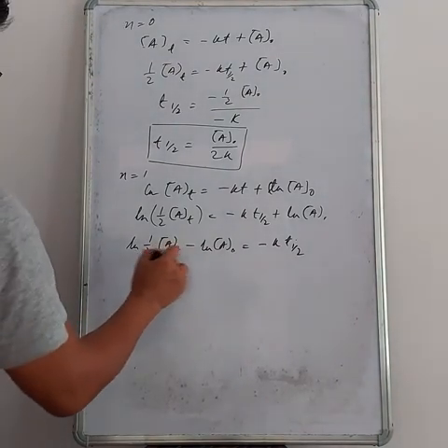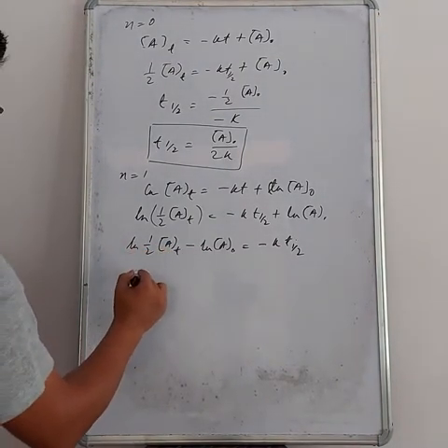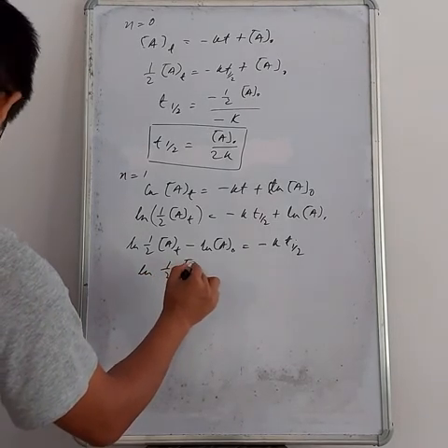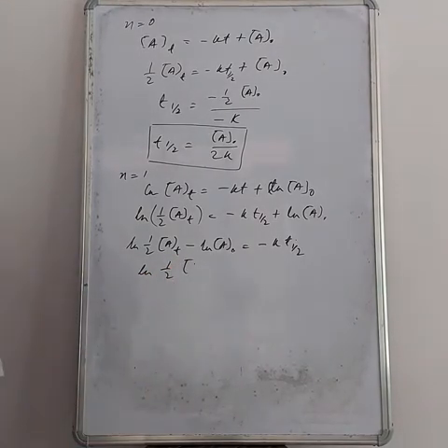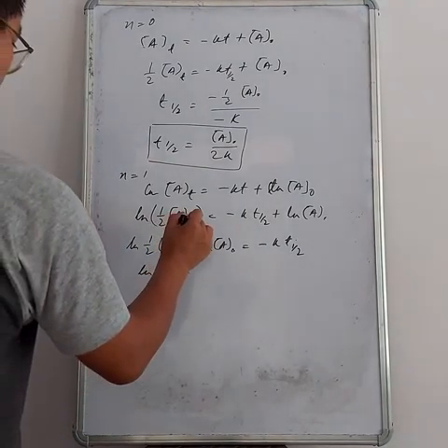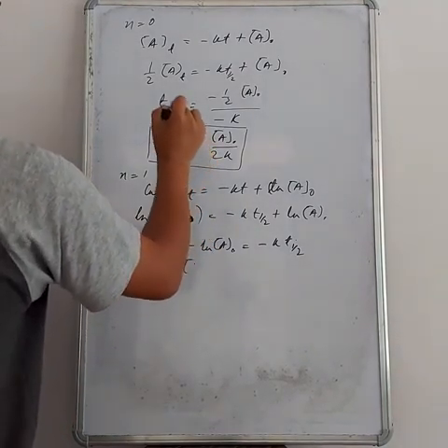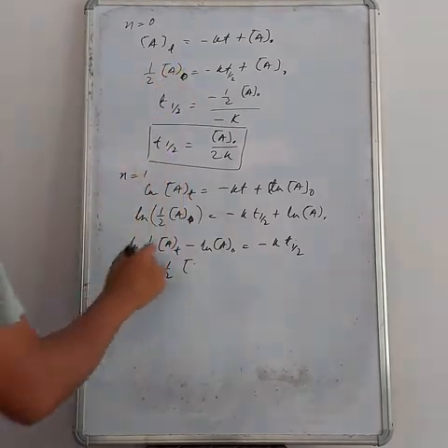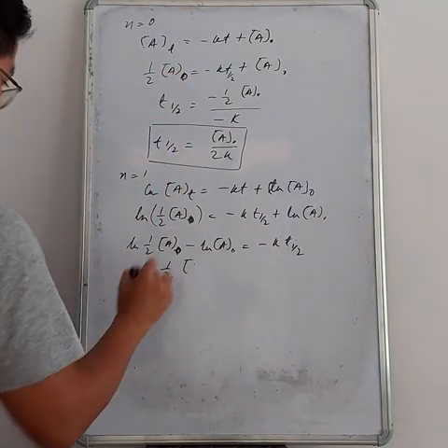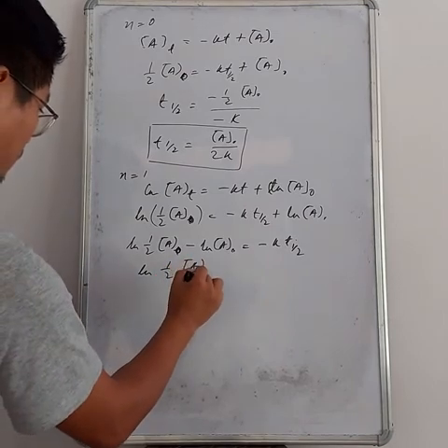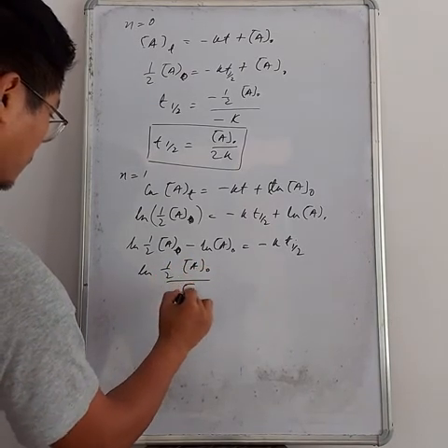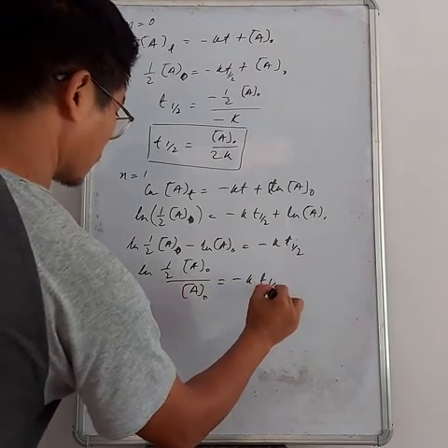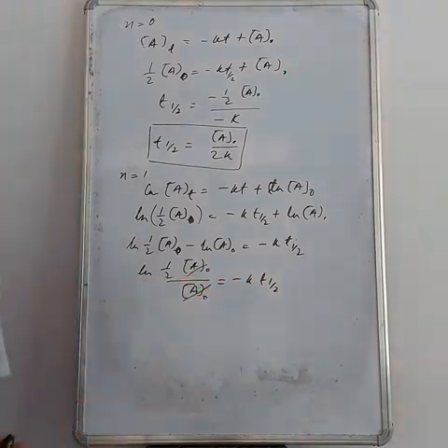Now, since this is negative and we have log on it, the function of log states that, sorry, this should be half of the initial concentration, I missed out on that one. So half A naught divided by A naught is equal to negative kT half. So this gets cancelled out.